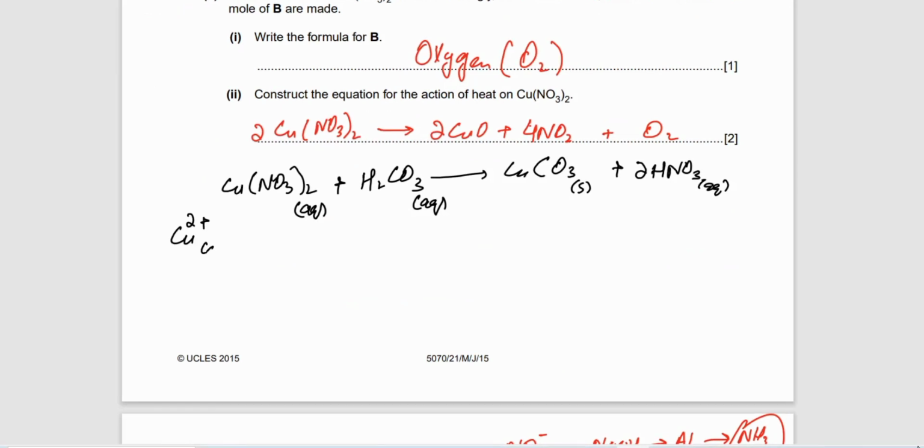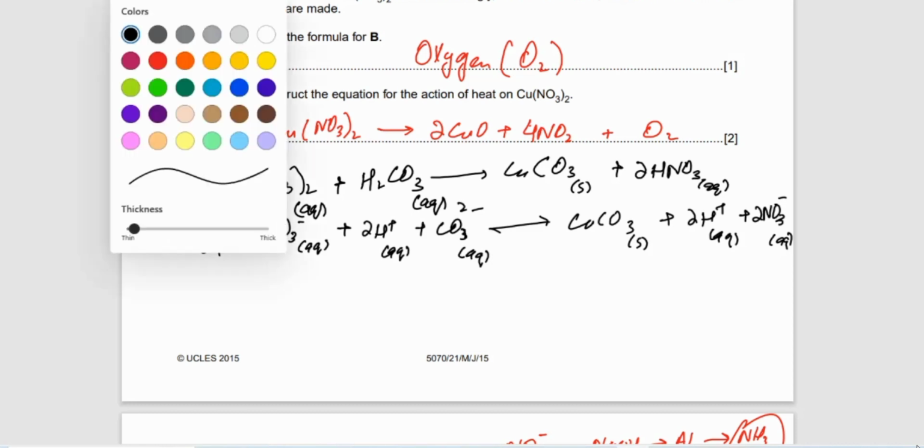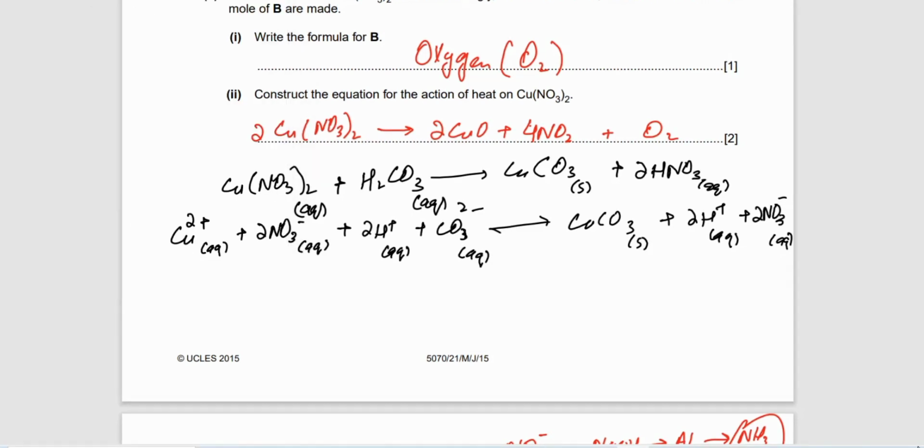Cu2+ aqueous plus 2NO3- aqueous plus 2H+ aqueous plus CO3 2- aqueous. From the product side, the solid will not convert into the ions, as it is 2H+ aqueous plus 2NO3- aqueous. So you can see over here that 2 hydrogen will be cancelled with the 2 hydrogen and 2 nitrate will be cancelled with the 2.